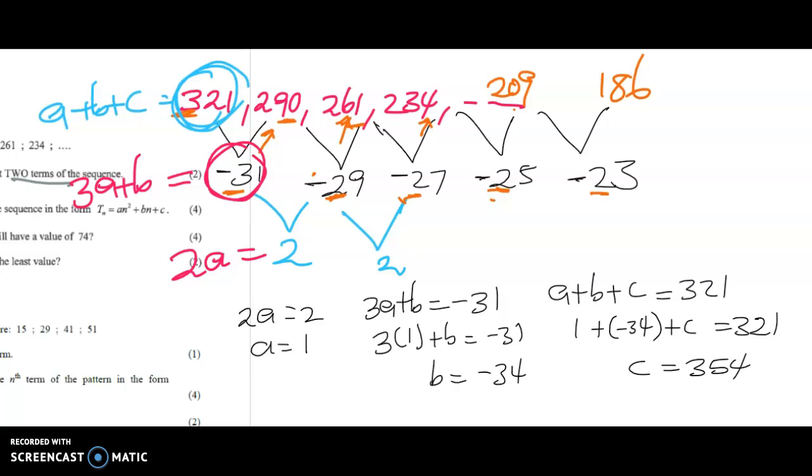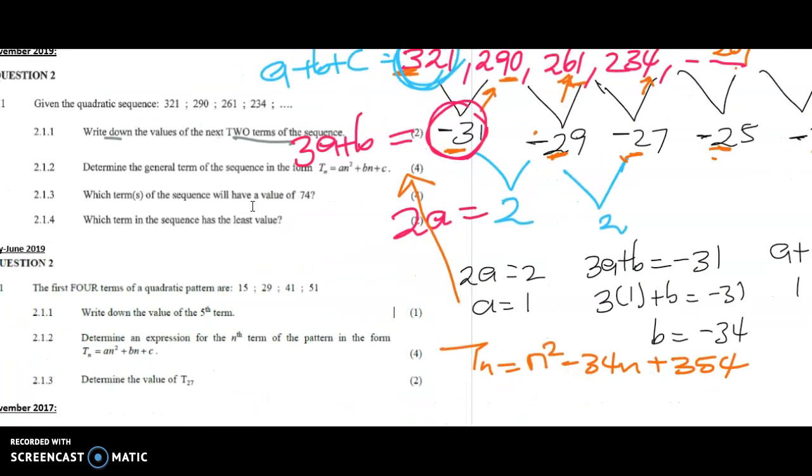So we can just write our general formula here. So we have Tn equals n squared minus 34n plus 354. So that's it for this question for the general term.